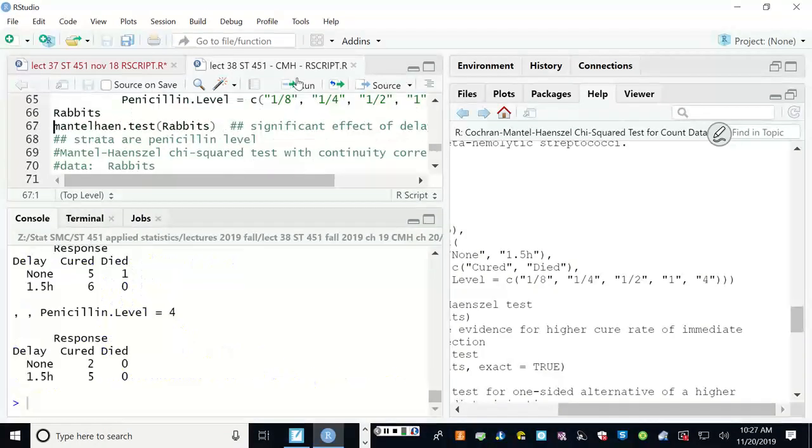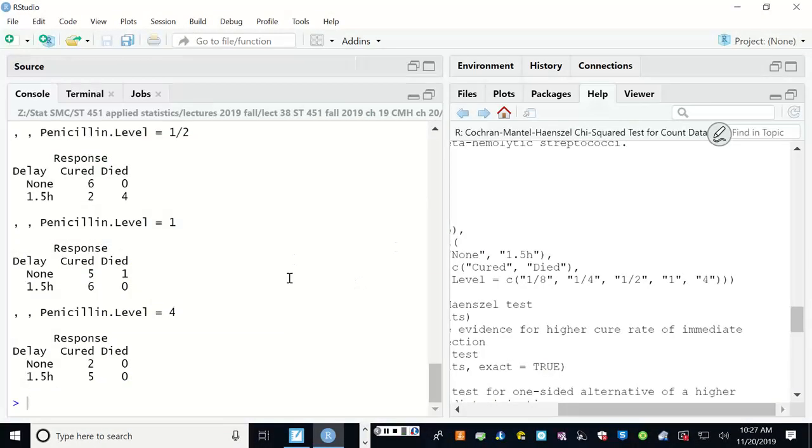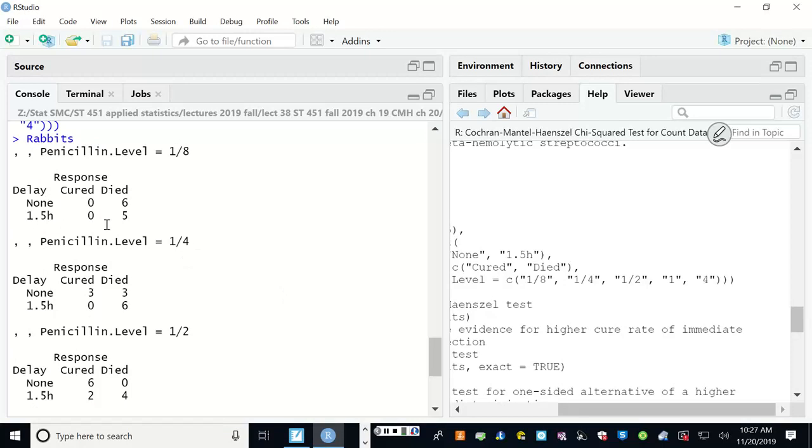This rabbits data set is entered in R like this, where there's delay, none or 1.5, and the response, cured versus died. This is where the penicillin level is 1.8. It doesn't help too much. If it's 1.4 and they get it right away, they get better.